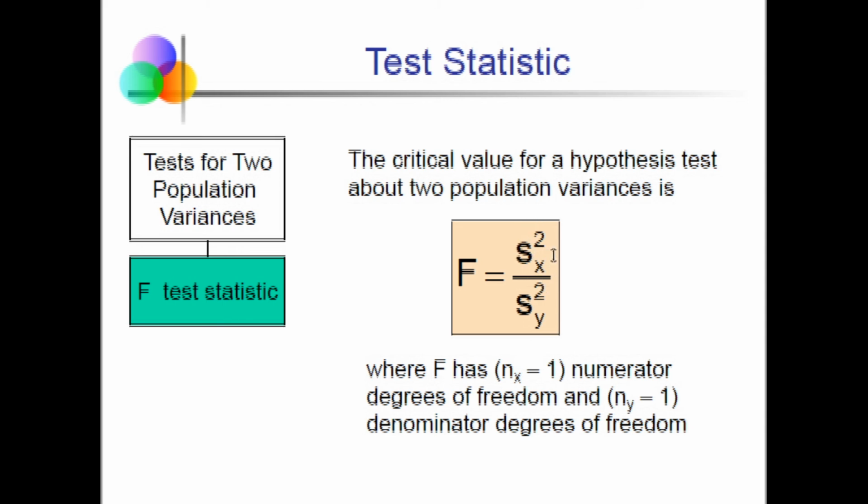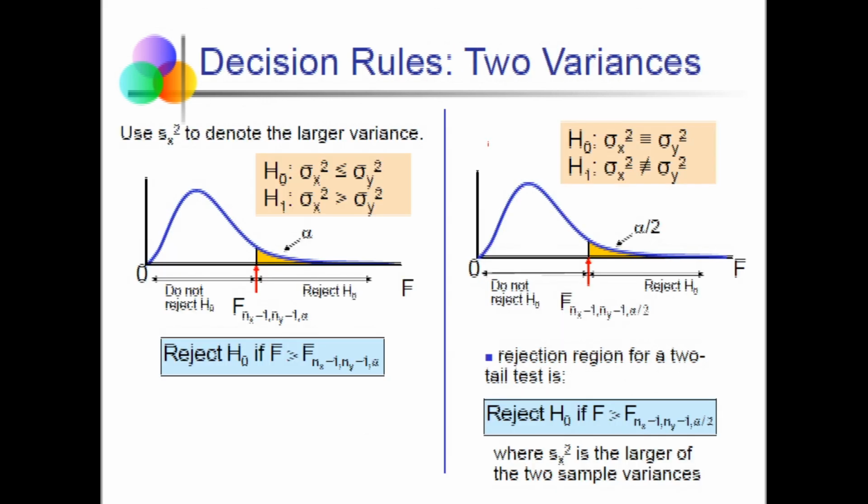Decision rules also depend on whether you have a one-tailed or a two-tailed test. If we have an upper tail test, then we're going to reject H naught if the test statistic is greater than the F value, which is given by F with nx minus 1 comma ny minus 1 and alpha.